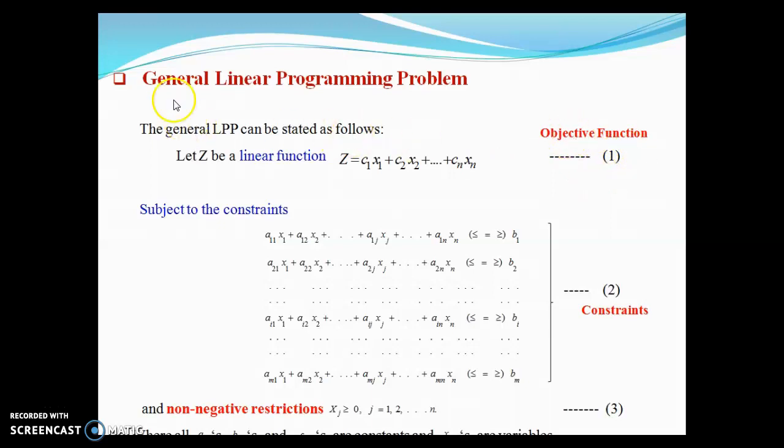In a linear programming problem, equation 1 is called the objective function, equation 2 is the constraints or restrictions, and equation 3, that is xj is always greater than or equal to 0, is the non-negative restrictions. So this is called the general linear programming problem.